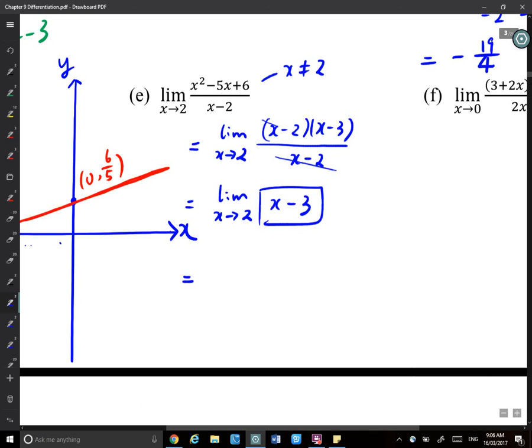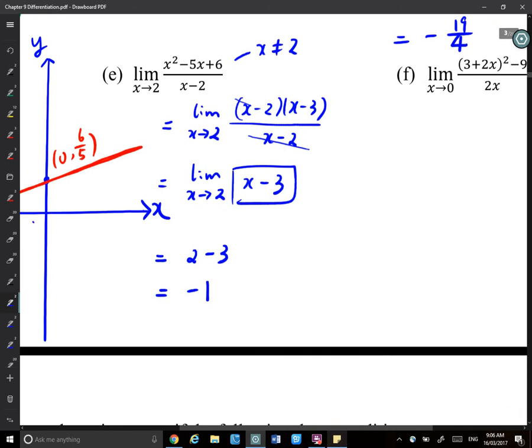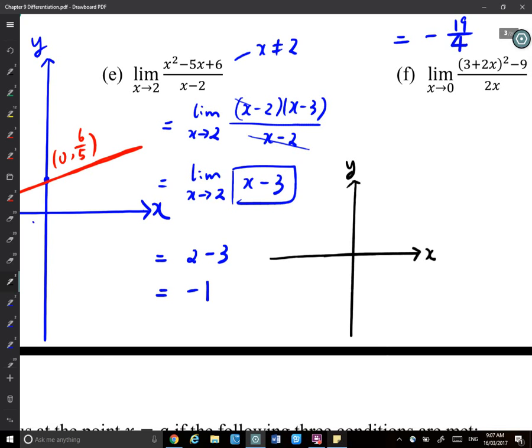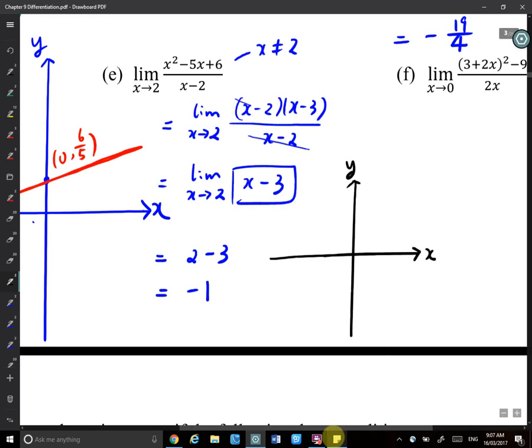And now you can substitute 2. So 2 minus 3 will equal minus 1. You will have 0, minus 3, 0.